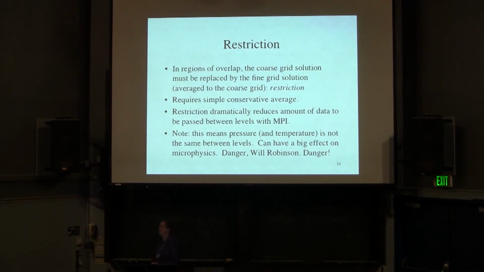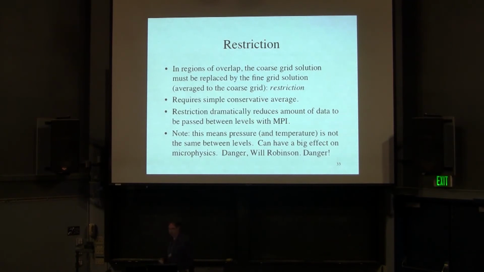What you have to do is restrict the chemical reaction rates. You have to calculate them on the fine mesh and then restrict all of that information to the coarse mesh to get the right chemical reaction rates in the coarse mesh. And that's difficult, swept under the rug, I think, a lot. But it is necessary if your problem involves it.